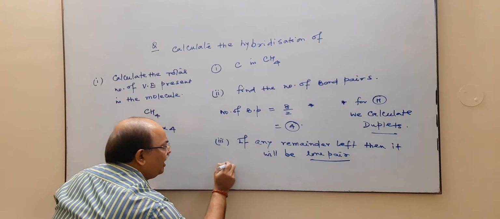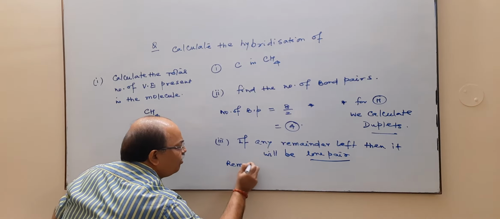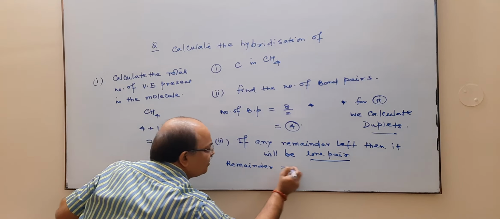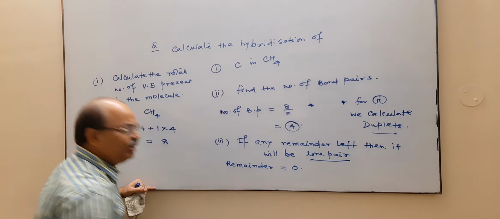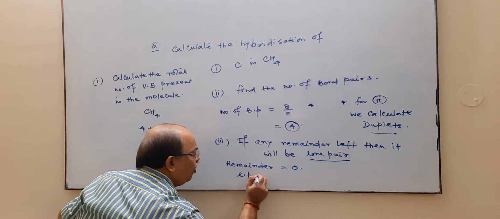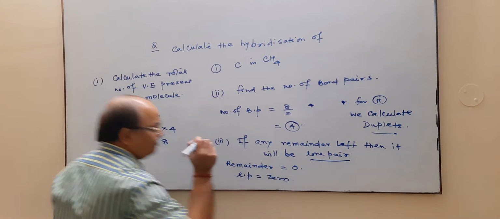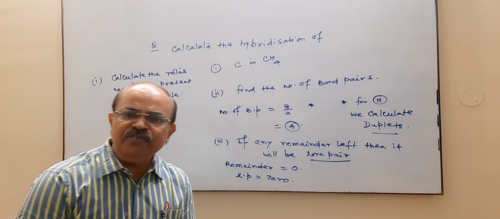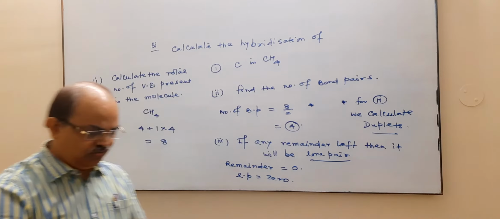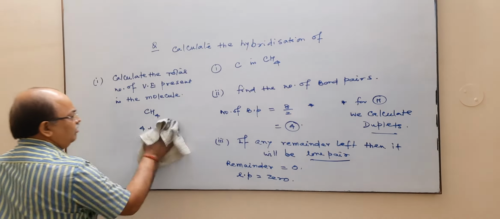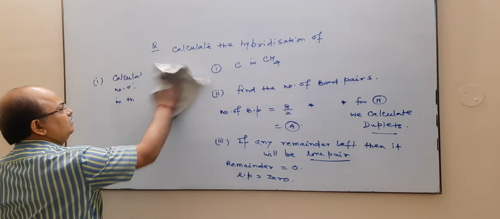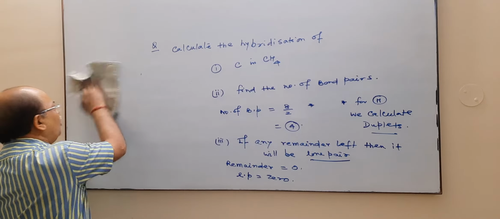Now in this case your remainder is 0. It means your lone pair is 0.